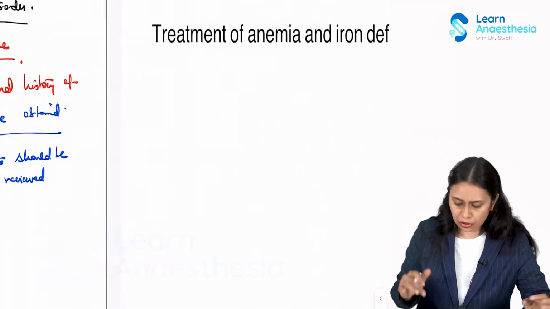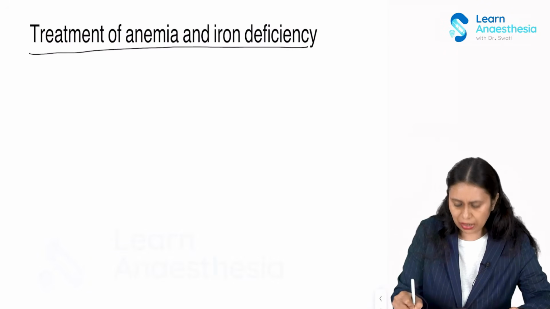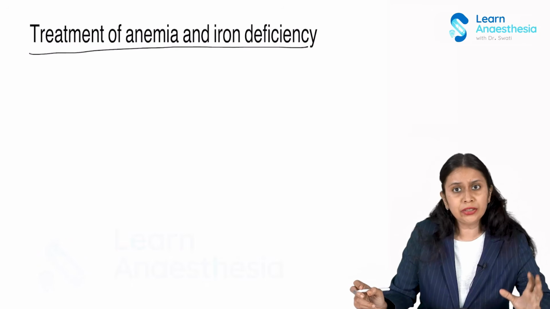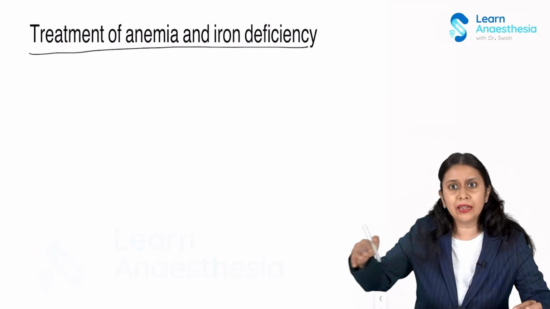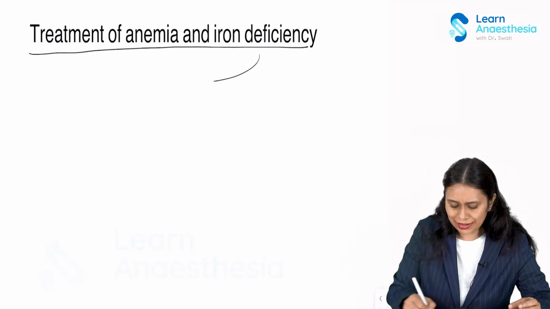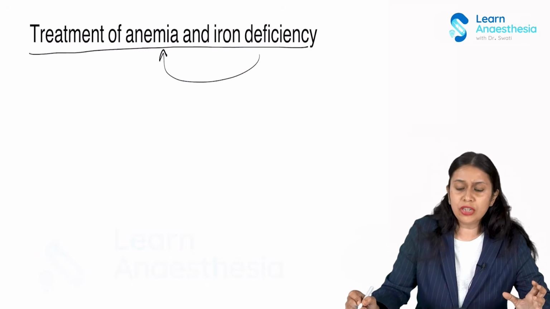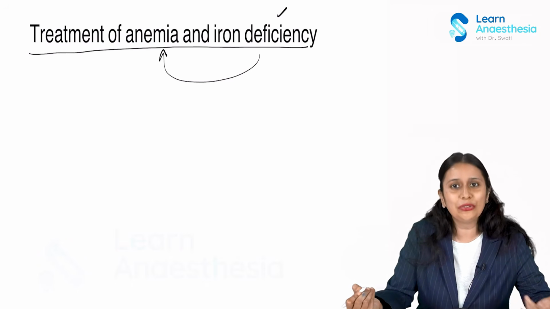How do we manage? So, treatment of anemia and iron deficiency. Now remember, iron deficiency is iron deficiency, and the exaggerated form of iron deficiency is anemia. And blood transfusion is not treatment of iron deficiency, it is treatment of anemia.